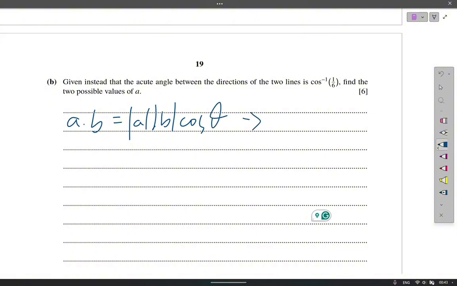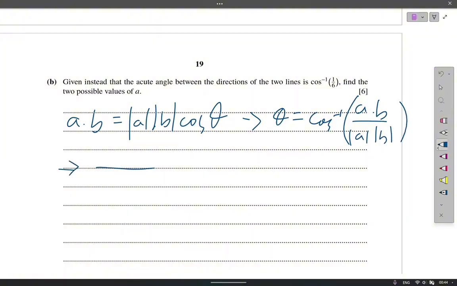If you rearrange this formula, theta is cos inverse of this, which means this one is equal to 1/6.